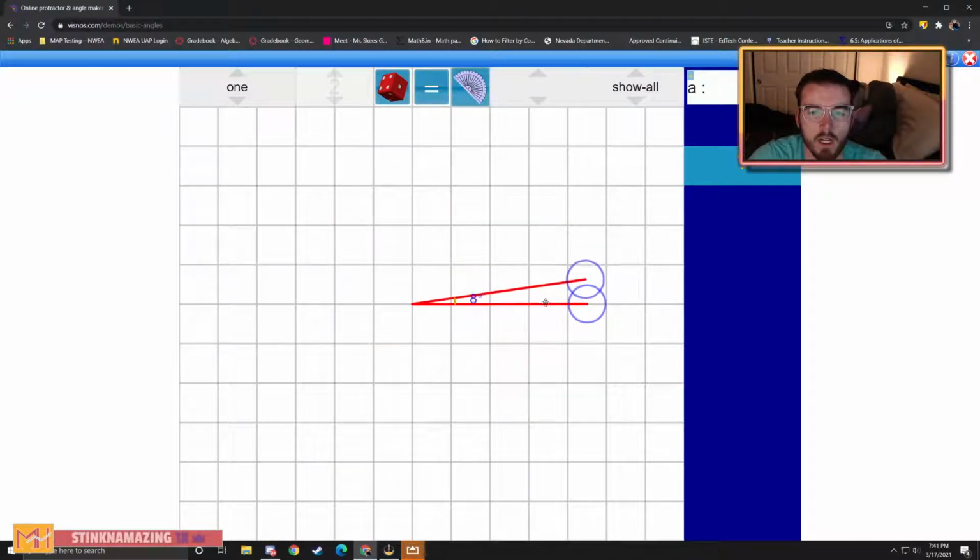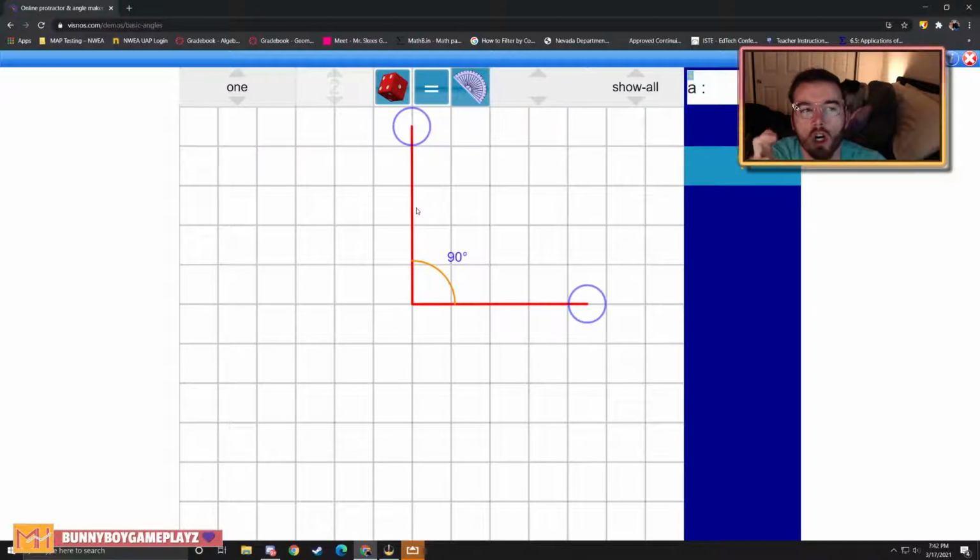So going in the positive direction and creating a 90-degree angle is the same thing as going in the negative direction and saying negative 270. We're going to end up in the same spot. Coterminal means they are sharing a terminal side.